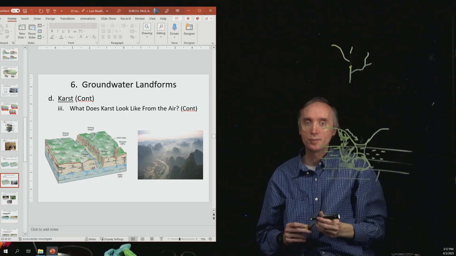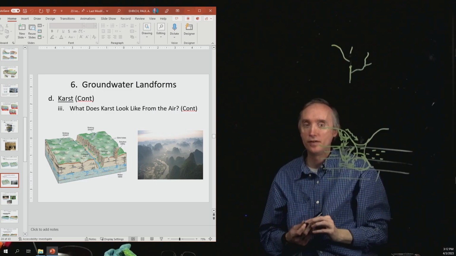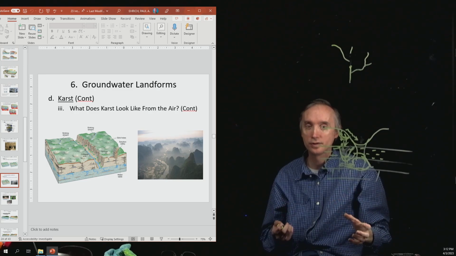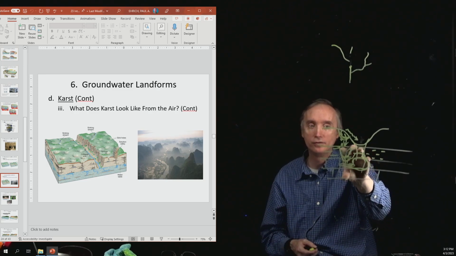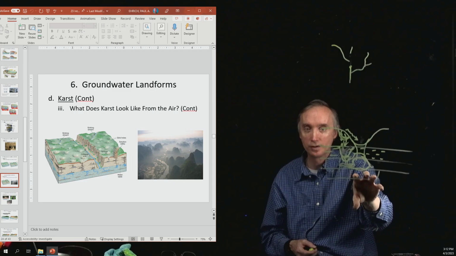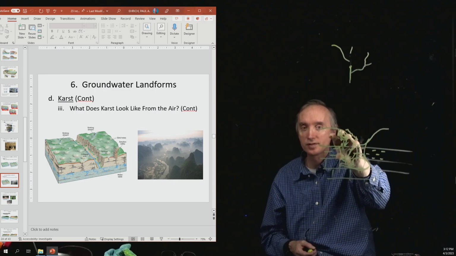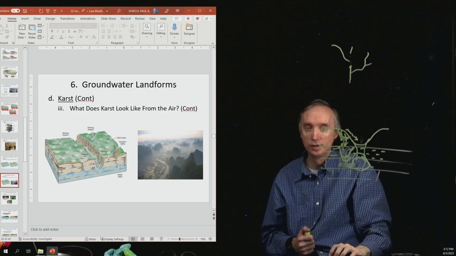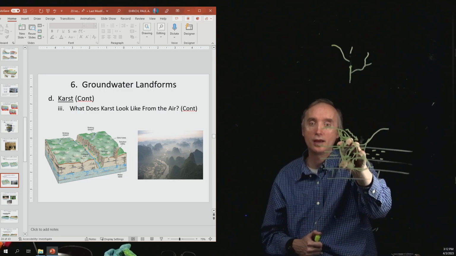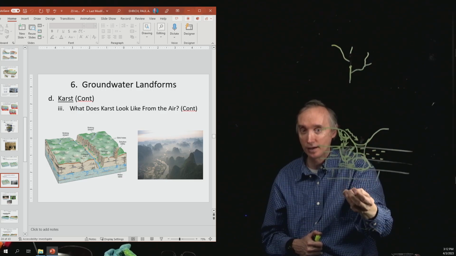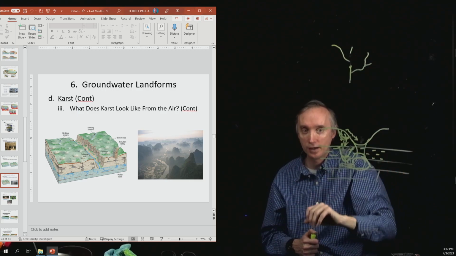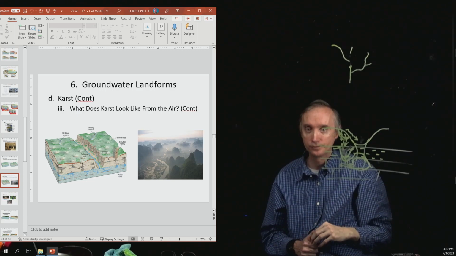And so in this picture on the left is advanced stages of karst, and you can see now that you have a very well developed cave system under the ground. You notice that some of the caves are above the water table, and so in those parts of the cave you have your stalactites and stalagmites, and then under the water table is where fresh caves are being dissolved.